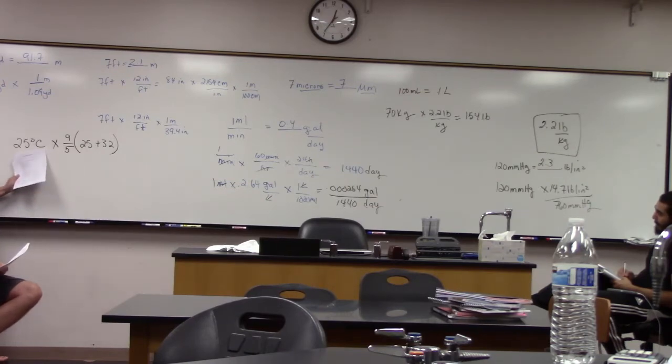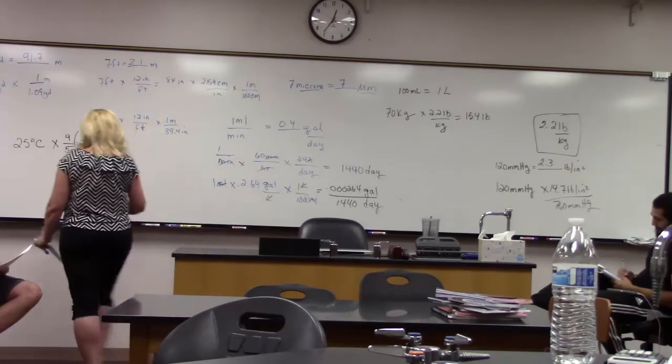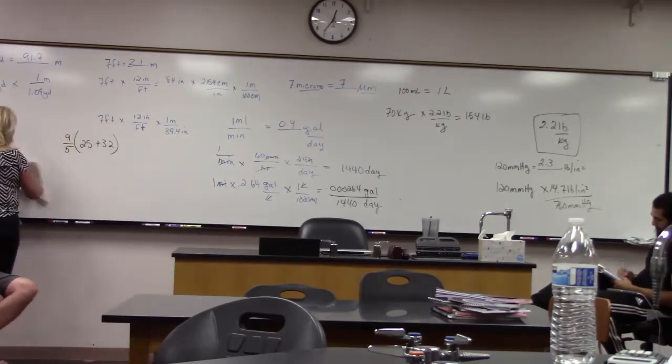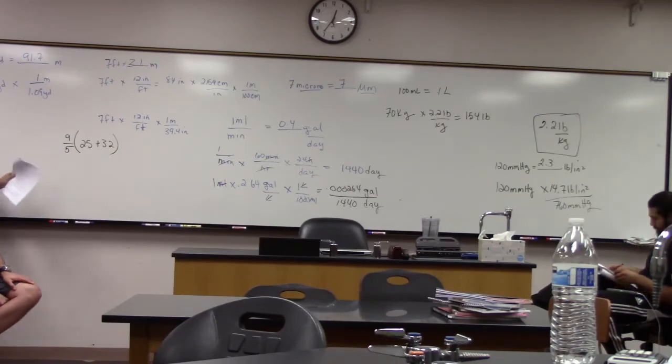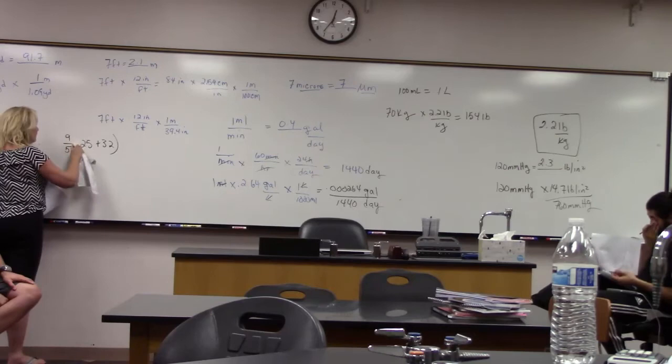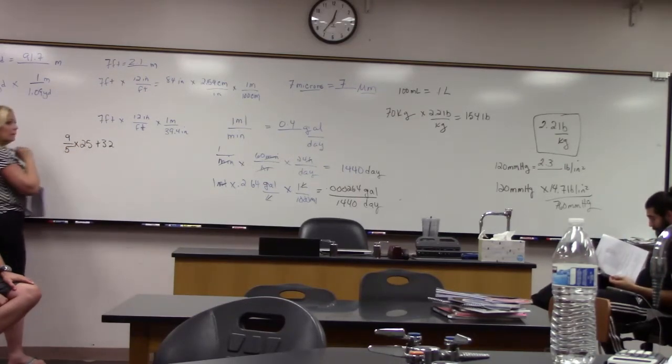Okay, but I already wrote down 25, so what do you want me to do with this? I put the 25 inside the parentheses already. So you want me to erase this? Yeah? Okay. Sorry for that. That's okay. Drop the parentheses, and do that.